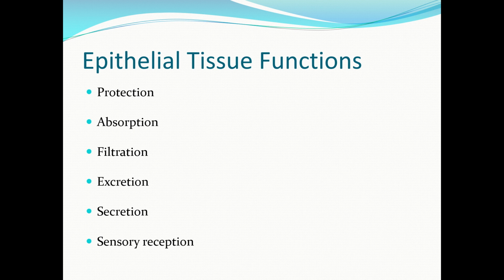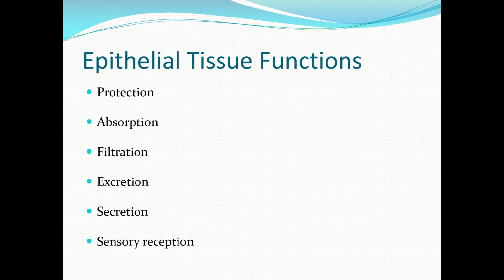Absorption occurs in hollow organs such as the intestines, where foodstuffs is absorbed via pinocytosis mentioned in the cell chapter. Absorption sends the substance from the digestive tract into the bloodstream.